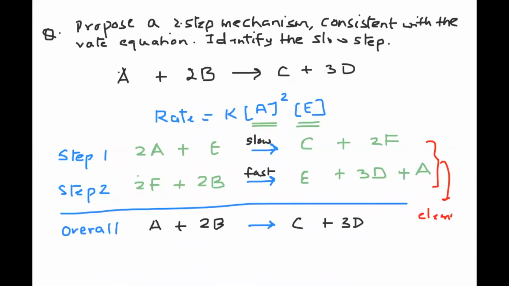So let's put one A in step 2 and then make sure all your elements are balanced and then cancel things that appear on opposite sides. That should leave you with step 1 and step 2 adding up to the overall equation given to you.